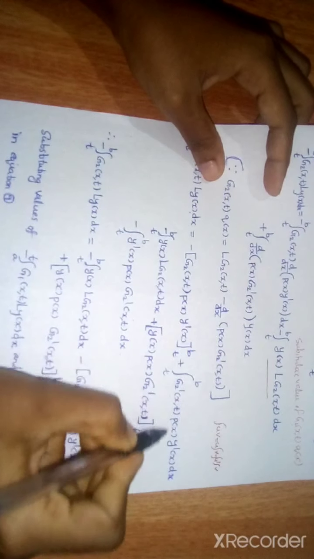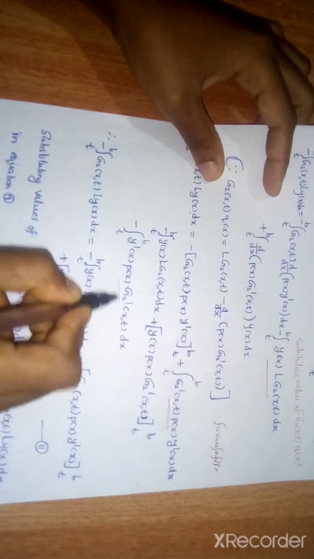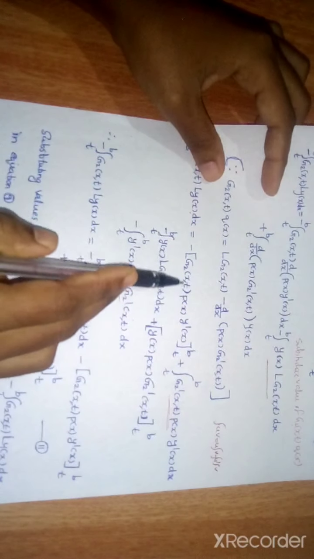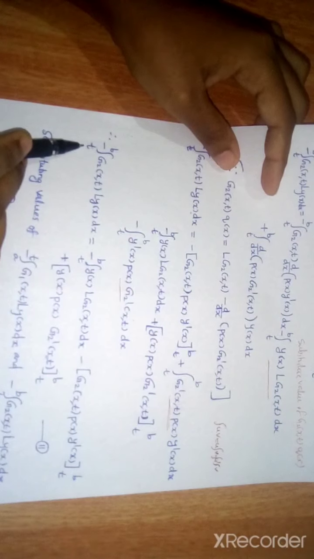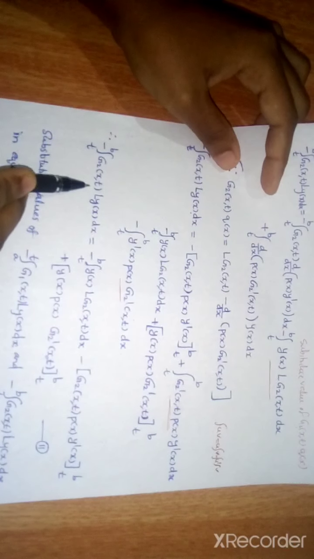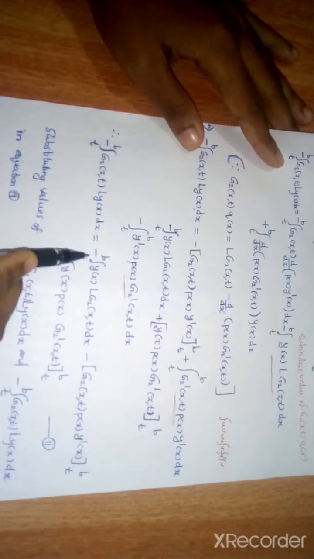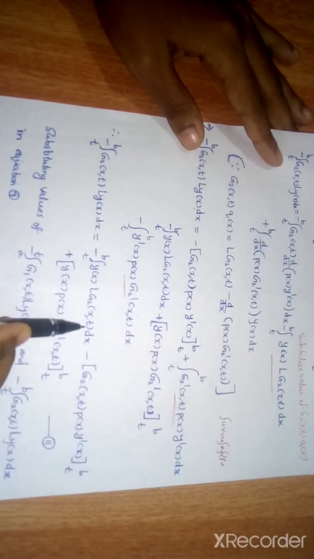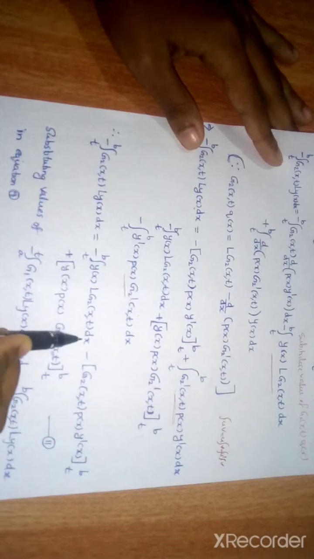When looking at both these two terms, they are the same but opposite, so we can cancel these two terms. Then the remaining terms come out to be minus integral t to b g2 of xt L y of x ds equal to minus integral t to b y of x L g2 of xt dx.